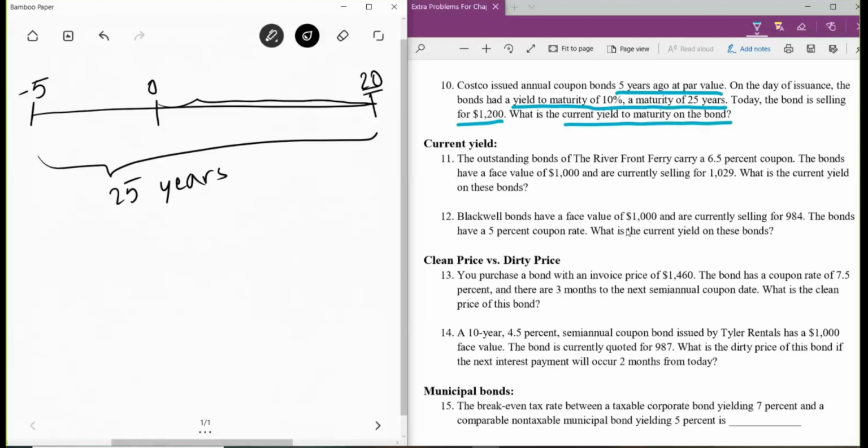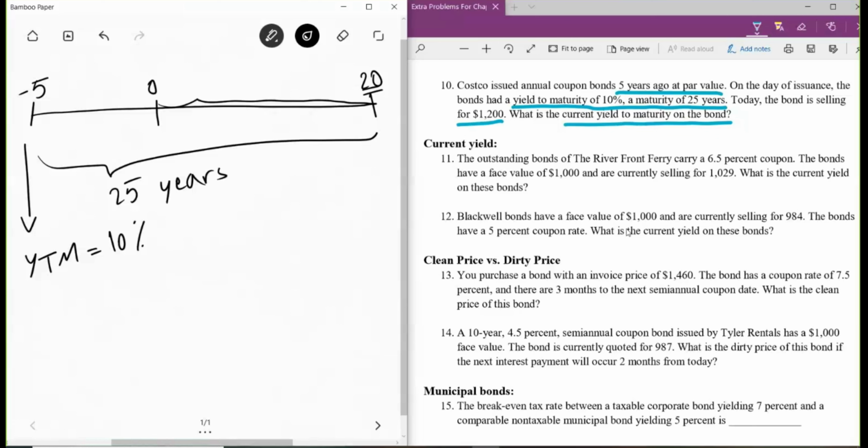Now, the second piece of information that's very important here is what's mentioned here. On the day of issuance, the bonds had a yield to maturity of 10%. So here at year minus 5, the yield to maturity was equal to 10%.